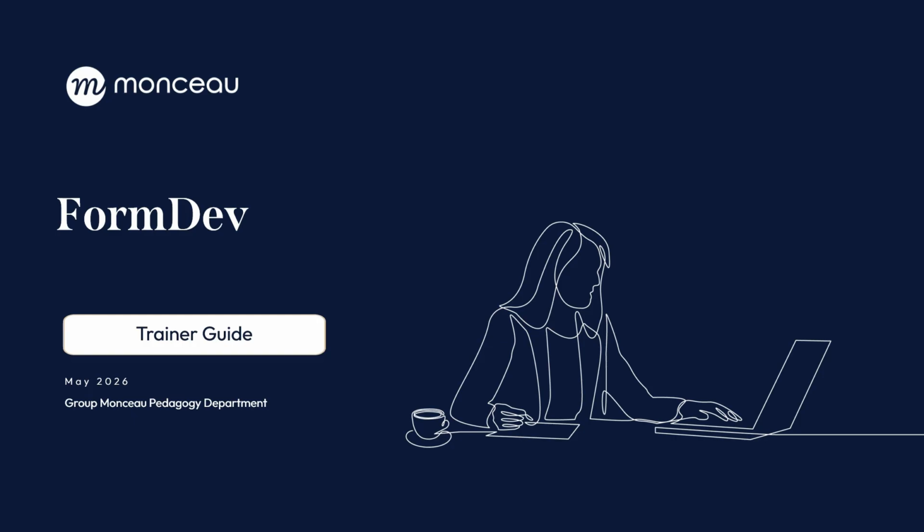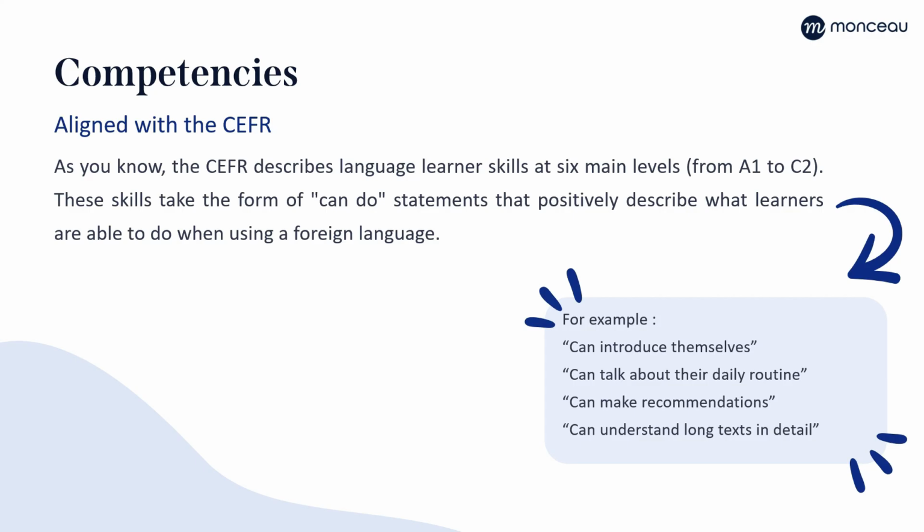Before we look at how to complete the skills assessment or the competencies evaluation in FormDev, let's take a moment to talk a little bit about the competencies. So the competencies are aligned with the CEFR. And as you know, the CEFR describes language learners' skills at 6 main levels from A1 to C2.